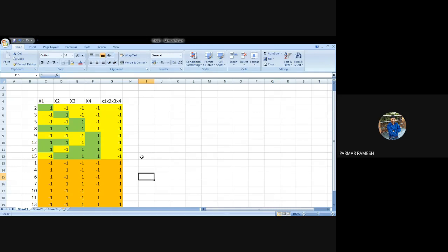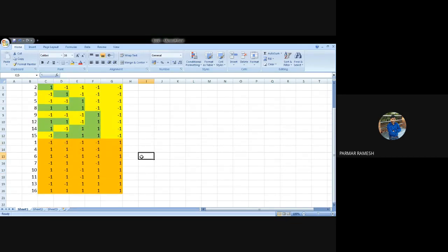So if there is a change in any of the uncontrollable variables, it will be equally distributed amongst all the factors. When I am performing the first 8 experiments on day 1, it will be equally distributed among all four factors. In the second half also, each variable assumes the -1 value 4 times and +1 value 4 times. Let me color -1 with blue so that you can understand.